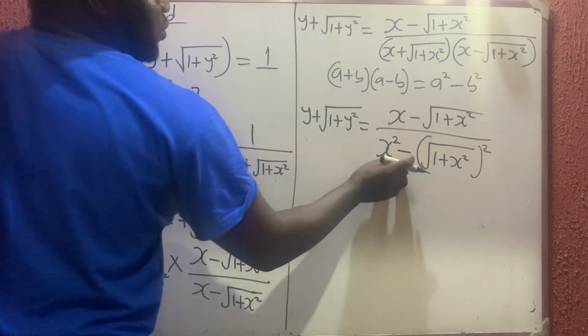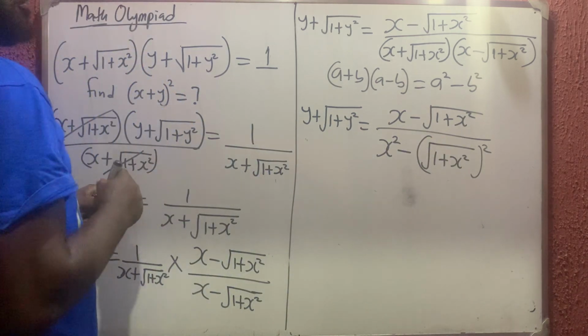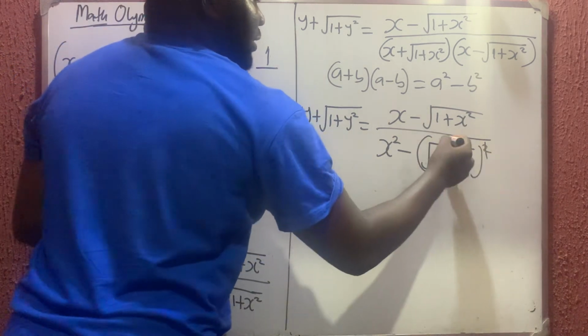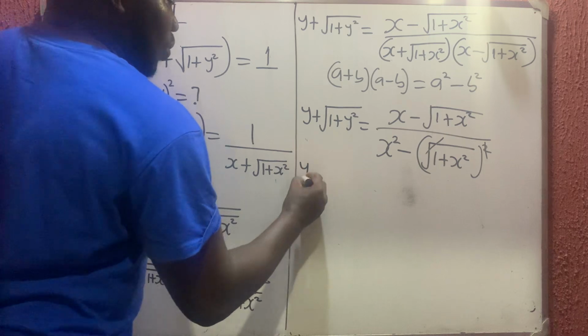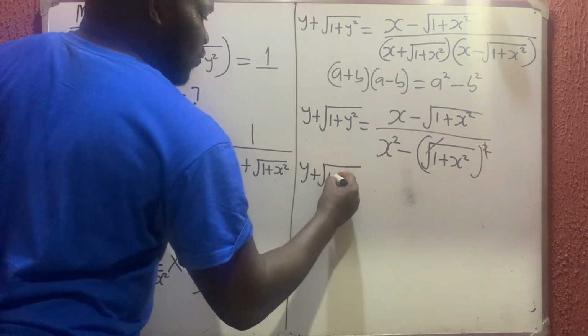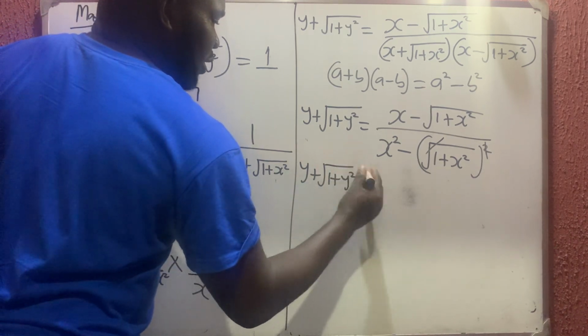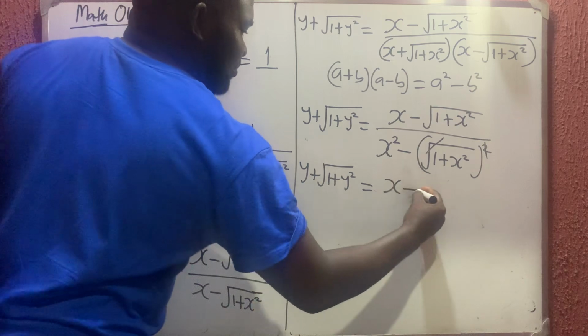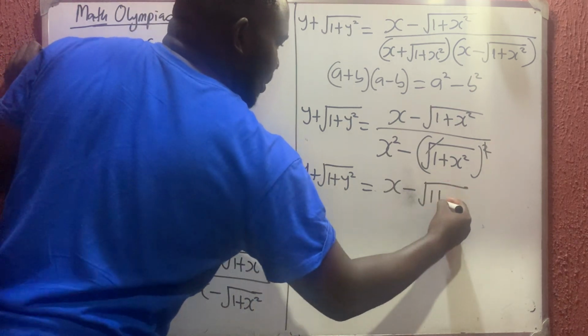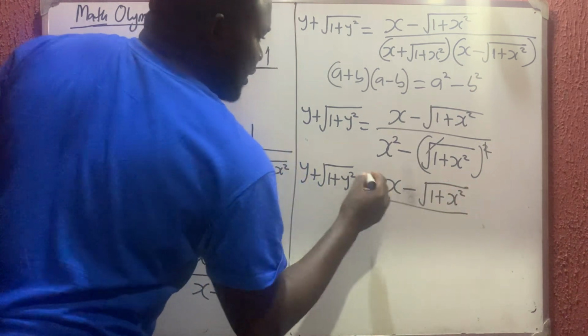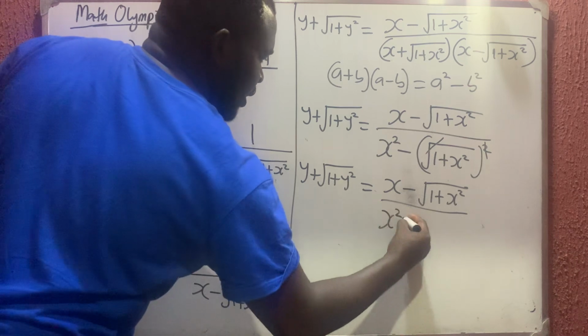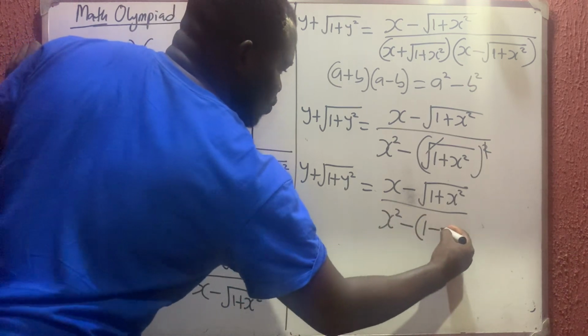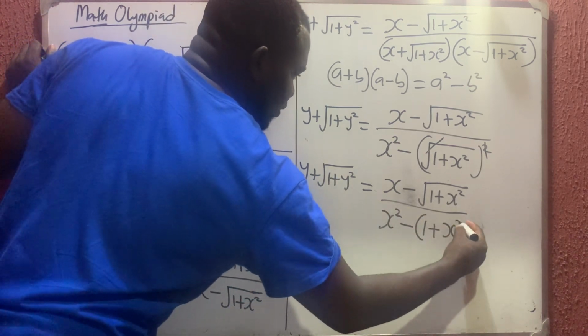Okay, the first one squared minus the second one squared. So now this will automatically take care of this, so I'm left with y + √(1 + y²) is equal to x − √(1 + x²) divided by x² minus what I'm having here, 1 + x².